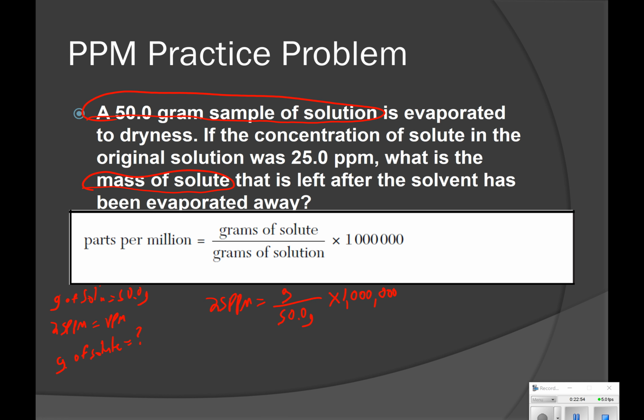Now, best thing to do here, we need to isolate the grams by itself. And what we're going to want to do here is move our million, and then we're going to want to move our 50 grams. So the first thing that we're going to want to do here is divide out by 1 million, to move that million to the other side.